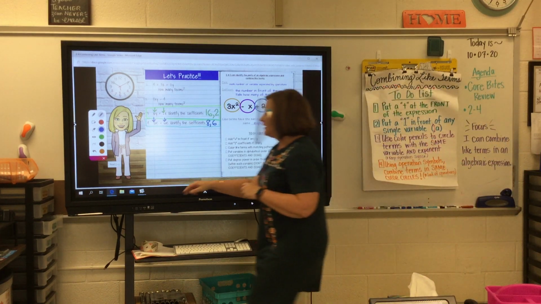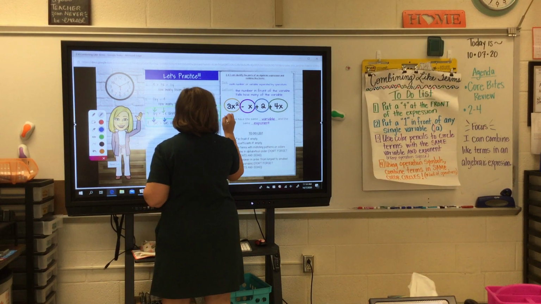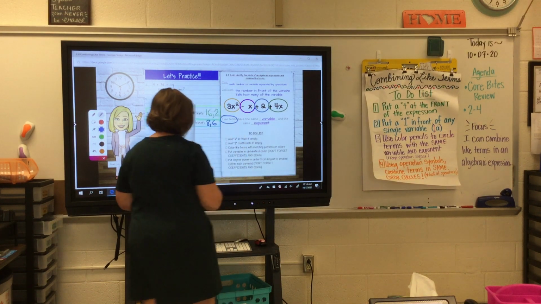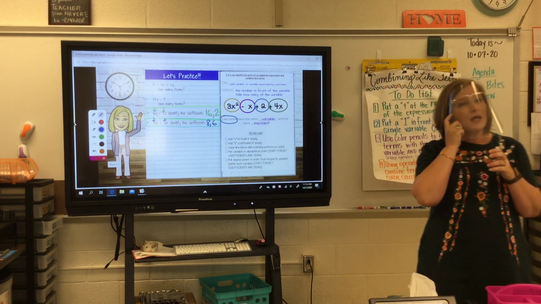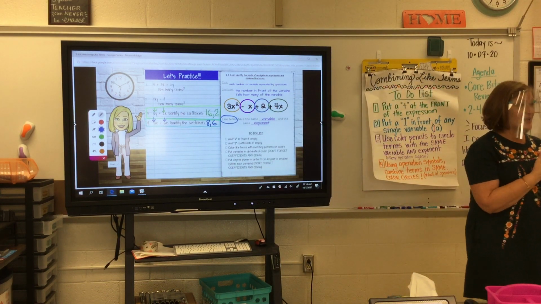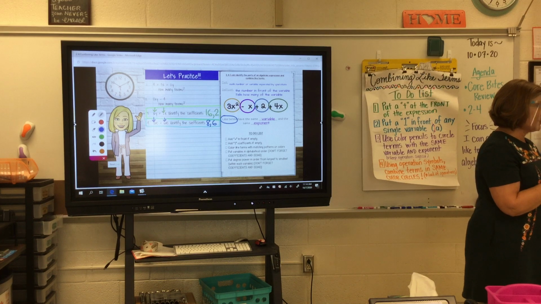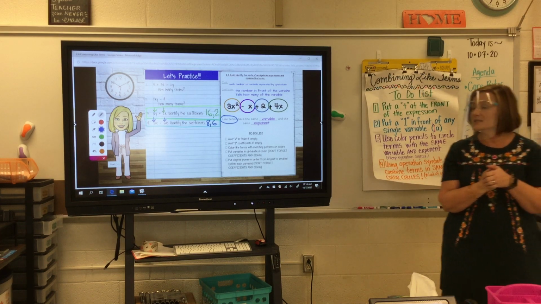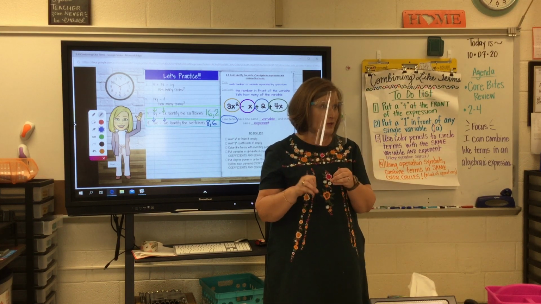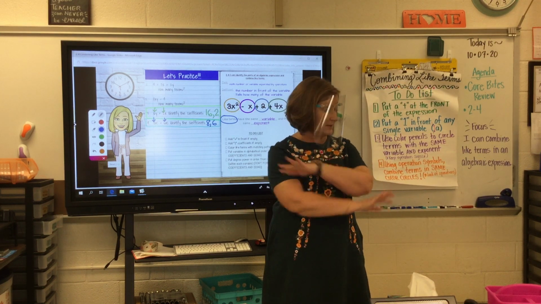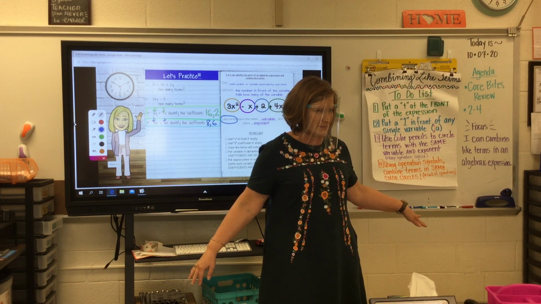Okay, now, like terms. Like terms is like one word in math, okay? We say it together all the time, all right? Like terms must have the same variable and the same exponent, okay? If it does not have the same variable and the same exponent, it is not alike, okay? Does that make sense?